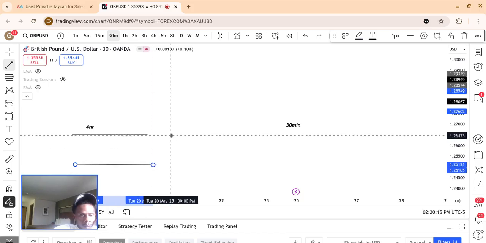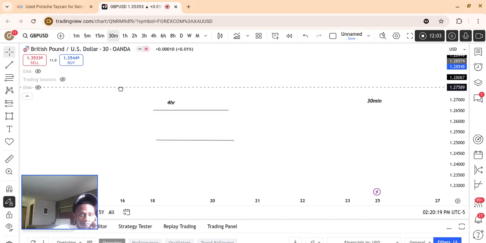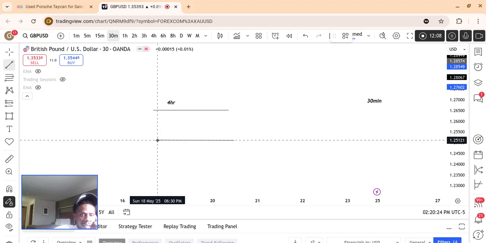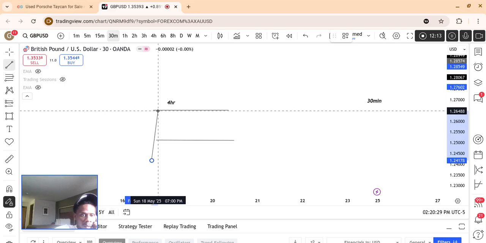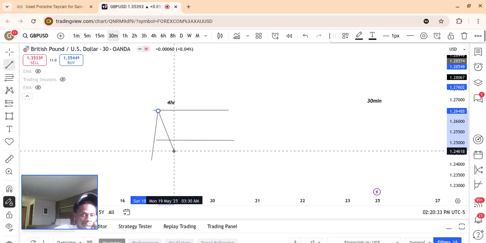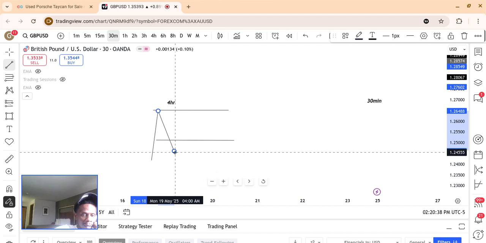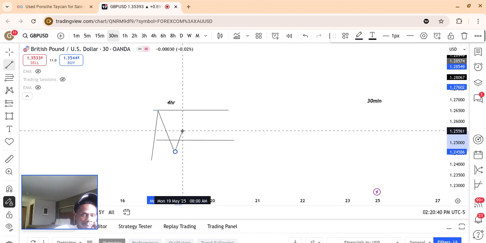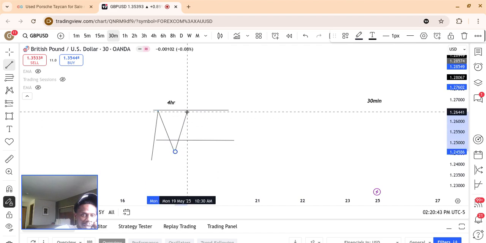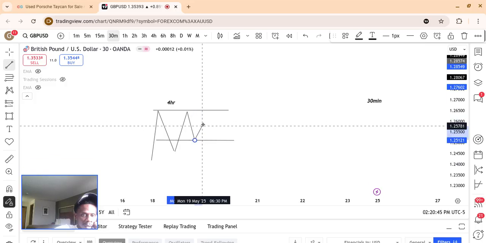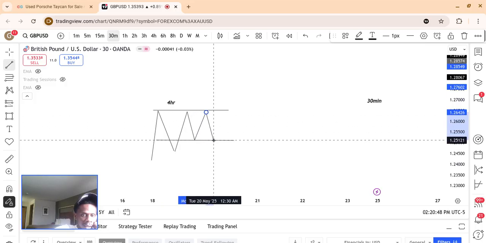Now the trick to a range is, no matter where the range began, what you want to be clear about is that if it's coming off a bullish run, you've got your new higher high being made, and then a new higher low. Then price makes its way back up to here: equal high, equal low, equal high, equal low.